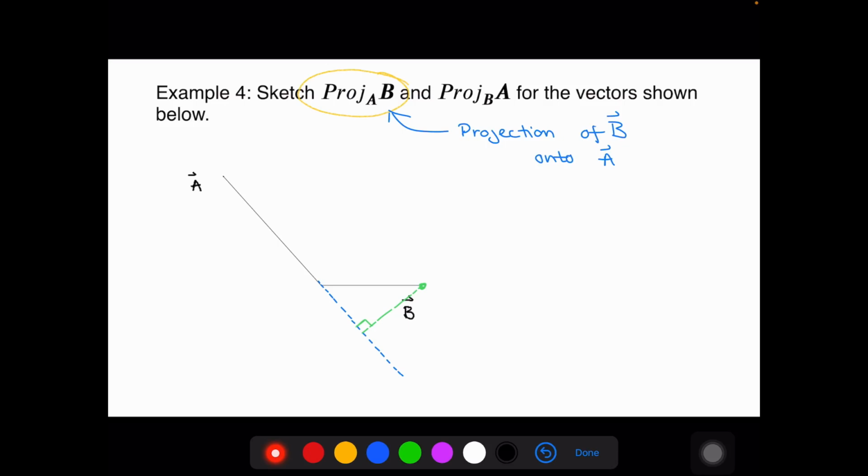I dropped a line down that's perpendicular to A. And then I shaded it in red. This is the component of B in the direction of A, or my projection of B onto A. So it's the part of vector B that's in the same direction as A.